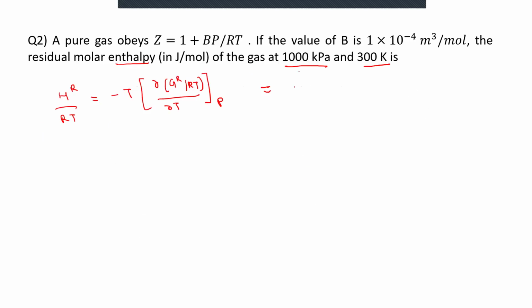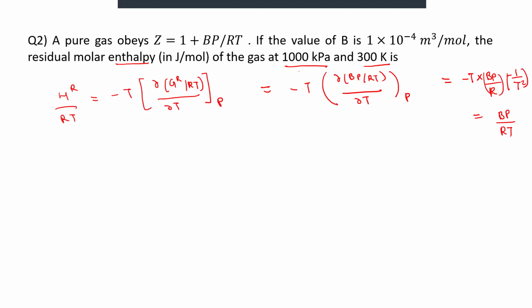So using the same here, minus T into dou of Bp by RT with respect to T at constant P. So this is minus T into Bp by R into minus 1 by T square, right? So this is Bp by RT again. This is HR by RT. So we have HR is equal to Bp.